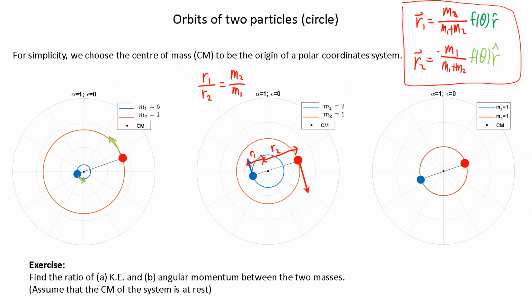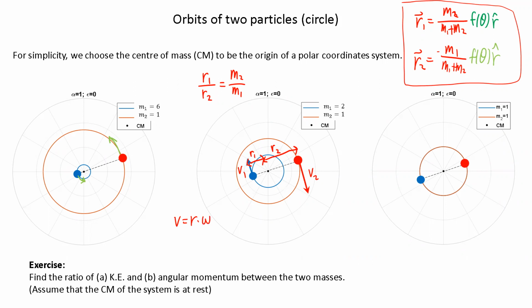And one thing about the velocity: if I call these V1 and V2, because I want to know the ratio of the kinetic energy, I need to know the ratio of the velocities. Because this is a circle, V is of course given by the radius times the angular velocity.